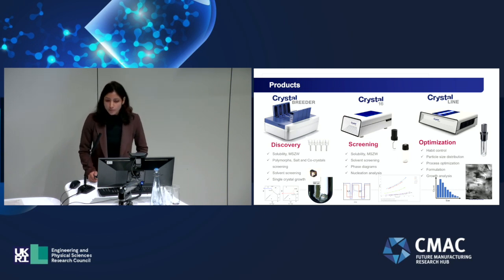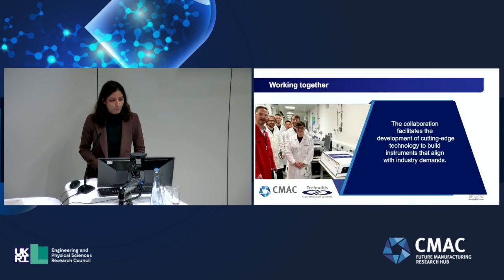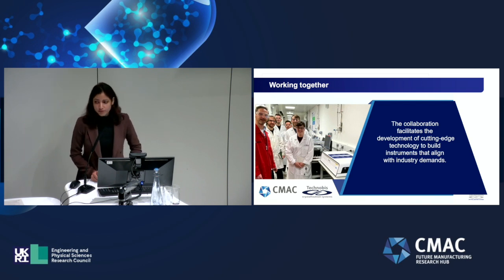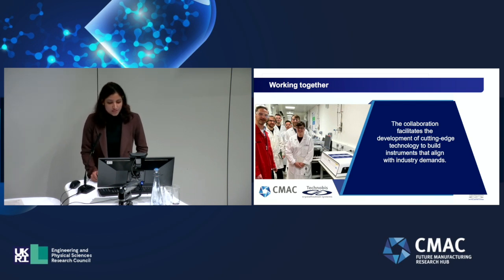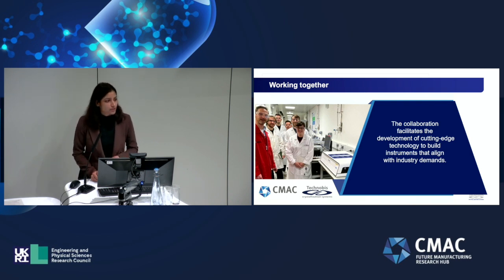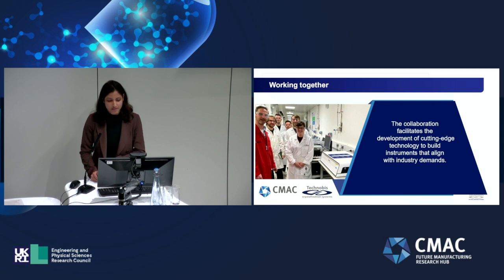For polymorphic transformation, it can be attached to a Raman spectrometer. This was during the installation of the Crystalline instrument last year, and the collaboration facilitates the development of cutting-edge technology and builds instruments that align with industry demands.